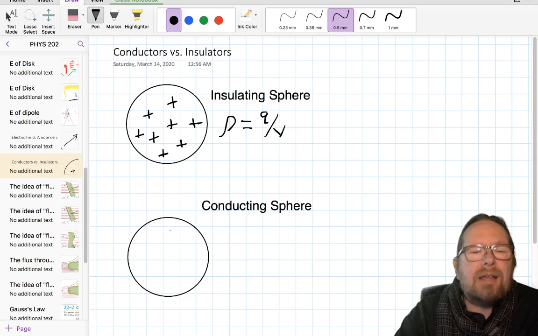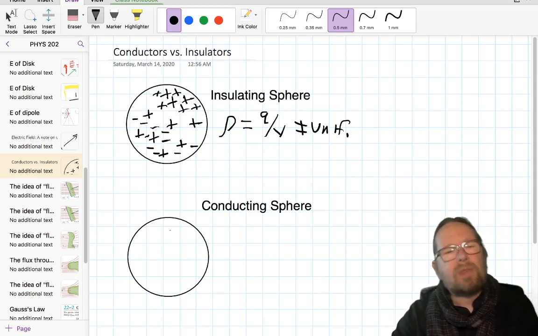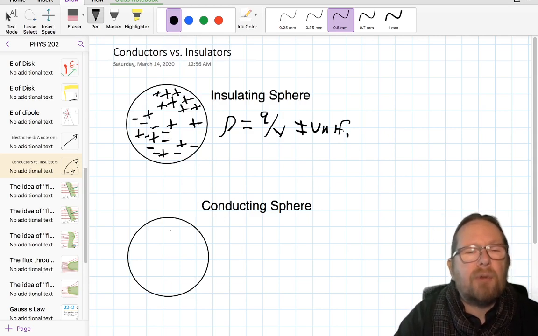That is not necessarily uniform, because I could put an excess of positive charge over here, and those positive charges aren't free to move because it's an insulator. I could put an excess of negative charges over here, and those negative charges are not free to move in the insulator. So a non-conducting sphere can have charges distributed throughout its volume, and that charge distribution does not need to be uniform.